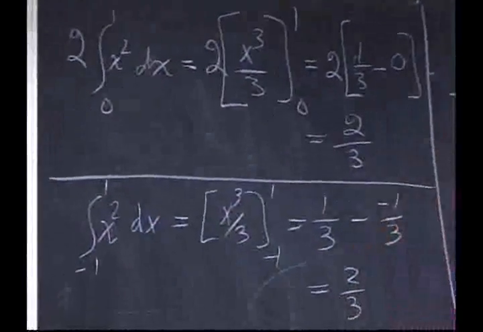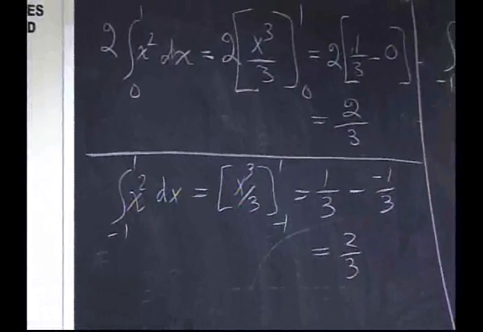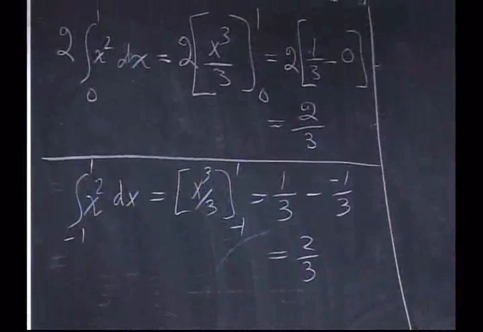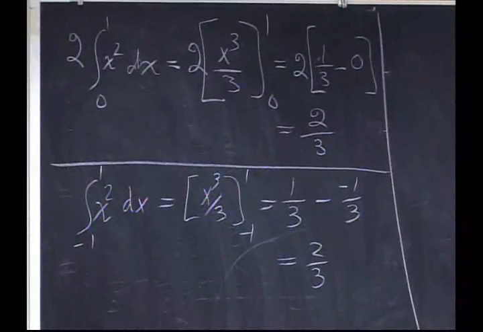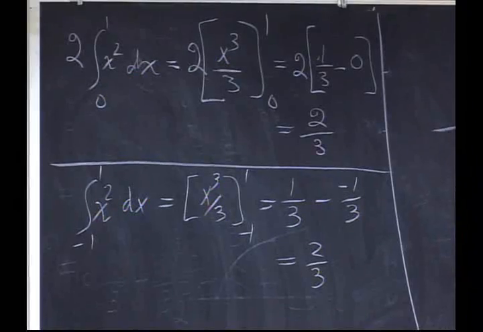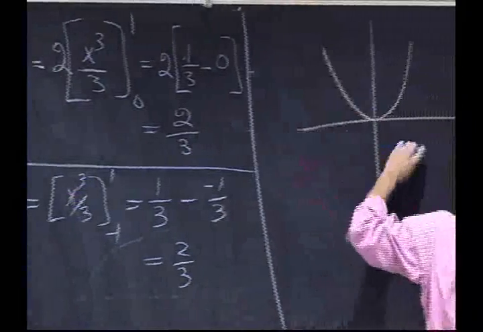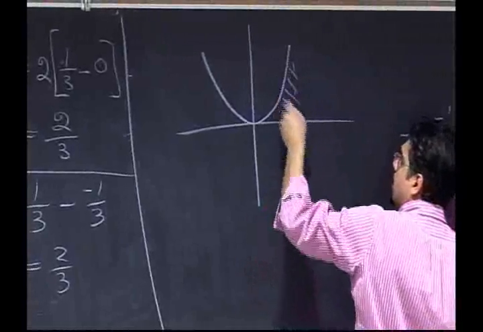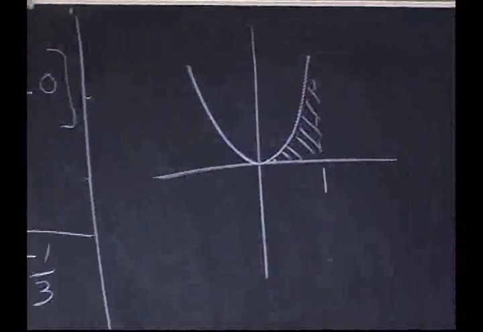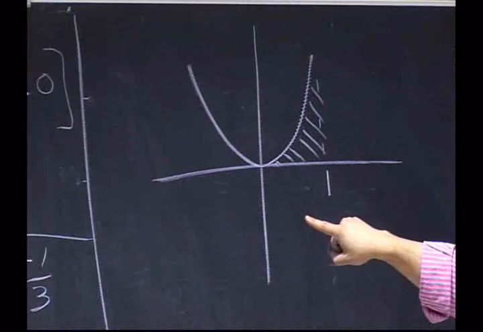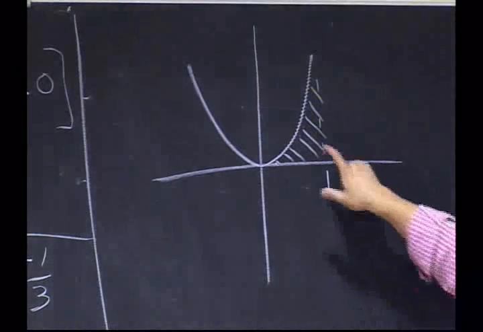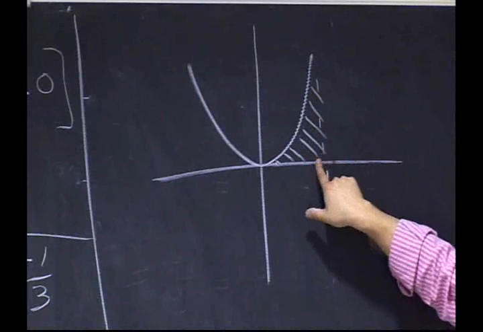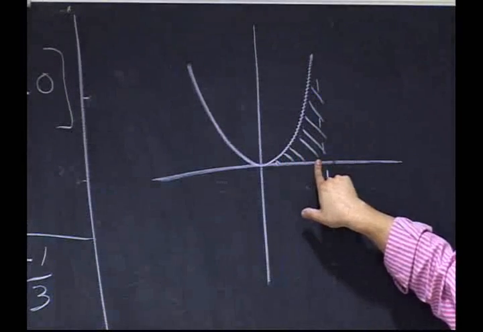So something special happens here geometrically. Let's draw a picture. The first expression calculates the area between 0 and 1 under x squared, and then multiplies it by 2.